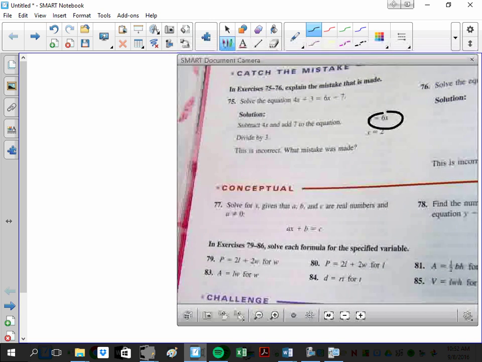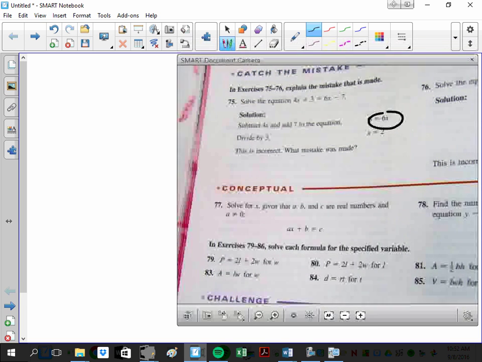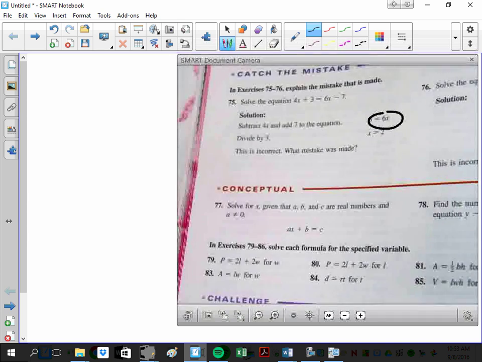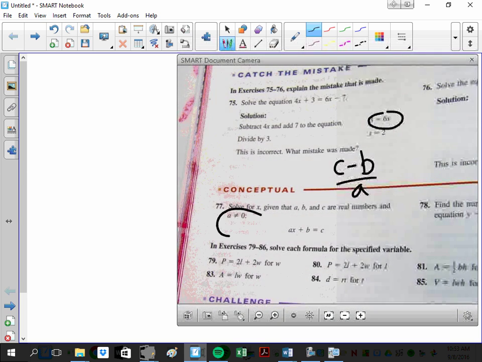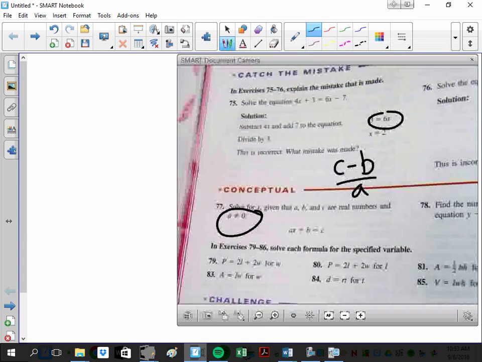Solve for x given that a, b, and c are real numbers and a is not equal to 0. So how would you solve 77 without any numbers? Subtract b, so you end up with c minus b, and then divide by a. Why did they put that stipulation that a is not equal to 0?